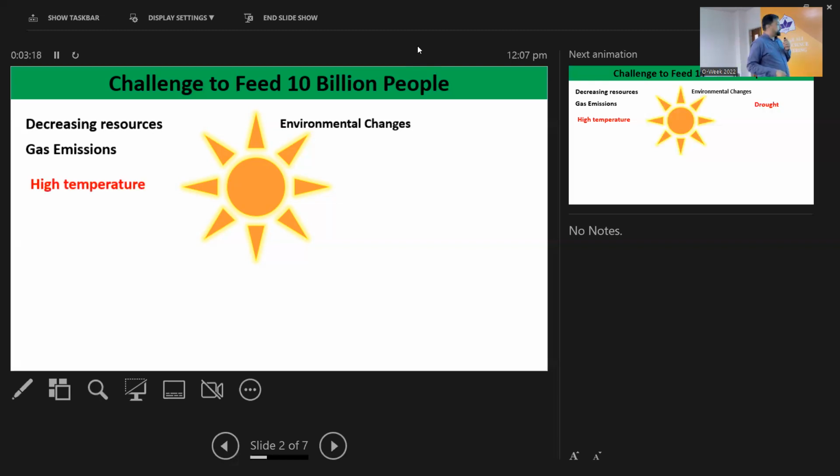Gas emission is not the only problem. There are results, like high temperature. The average temperature this year caused significant damage to wheat yield in Pakistan. And the rest was blown away by the flood. We're talking about drought too. Everyone knows that Pakistan is surrounded by floods.